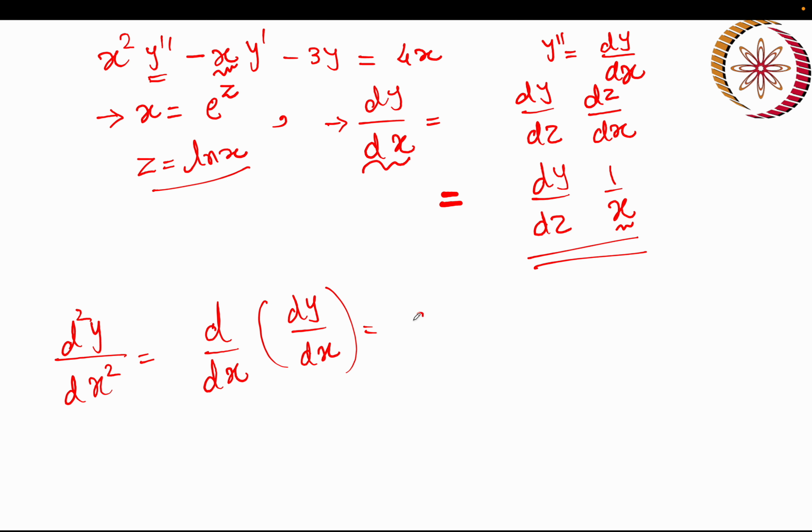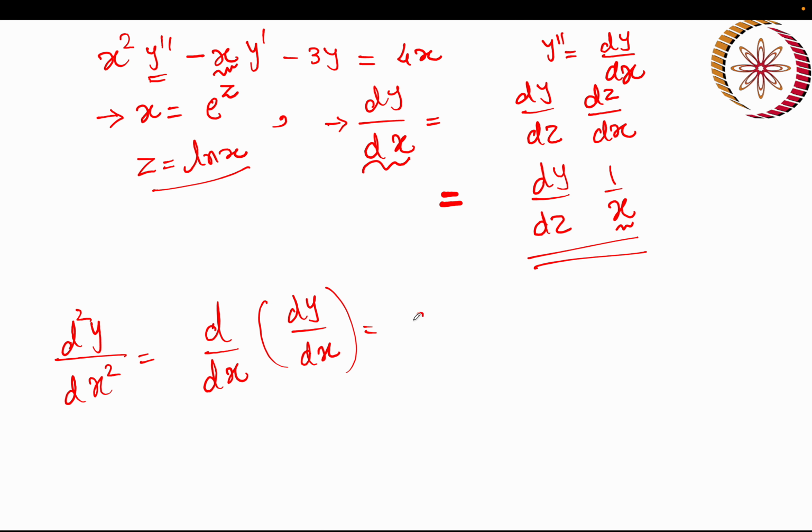So for y prime, we have the expression which is 1 upon x, this is the expression dy by dz. Okay, and the last term is minus 3y, and is equal to 4x.